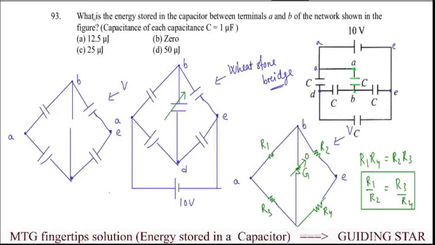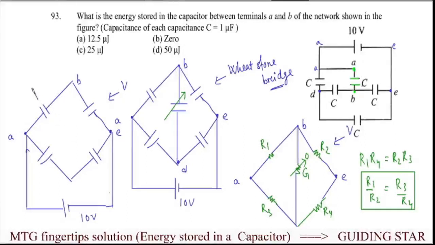If there is no capacitor, that means as this is connected across the cell of 10 volt potential, the current will flow through it like this. So these two capacitors will be in series and these bottom two capacitors will be in series.